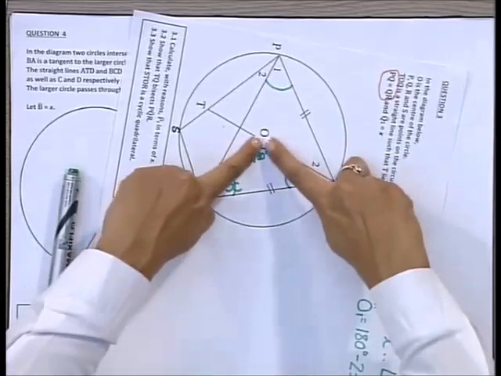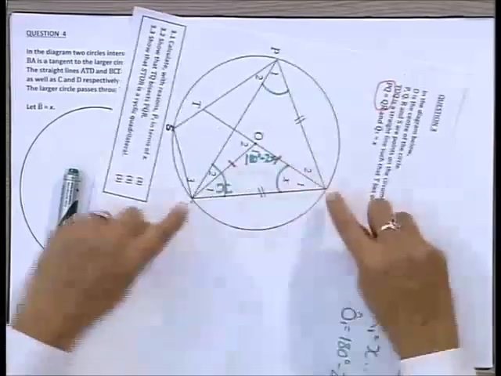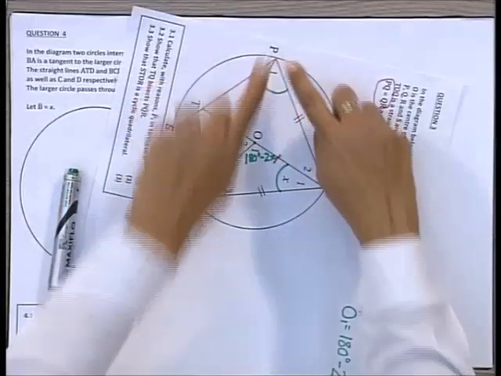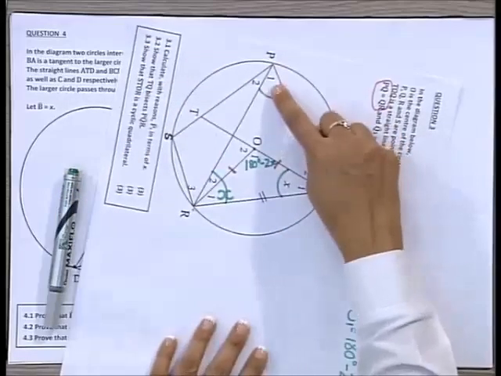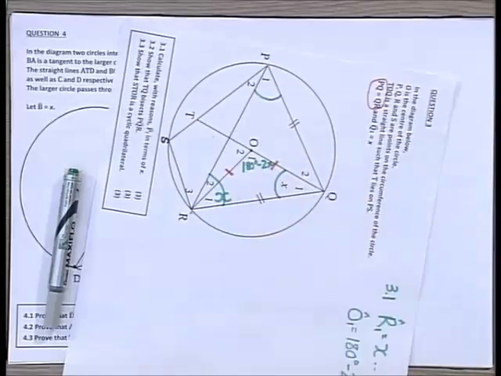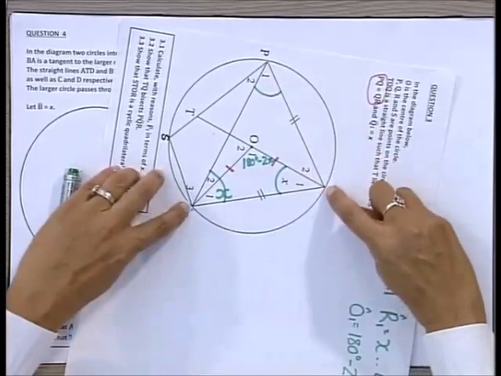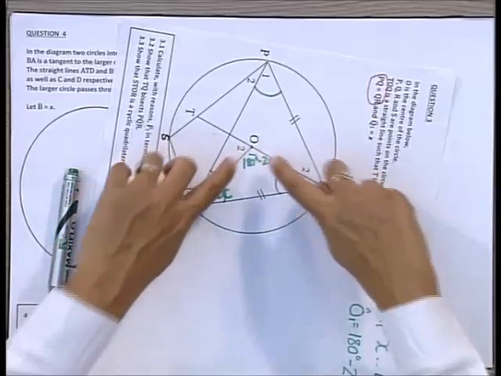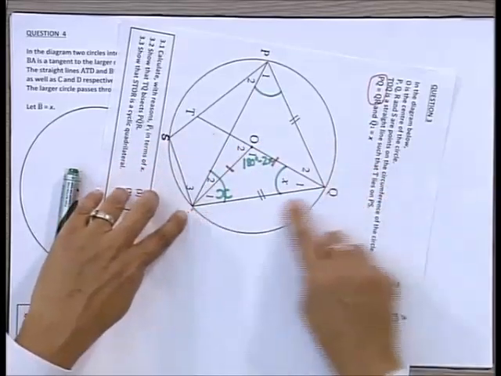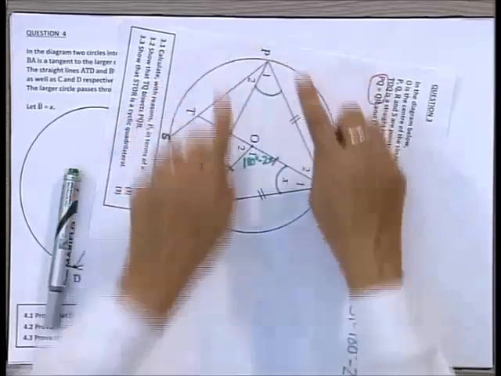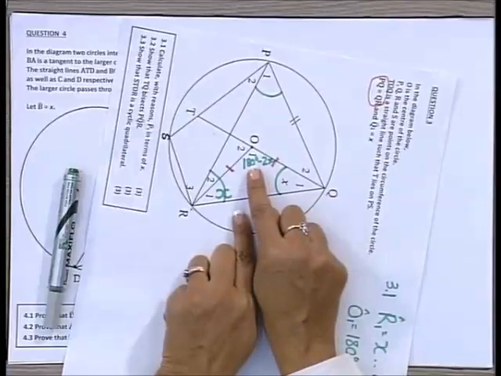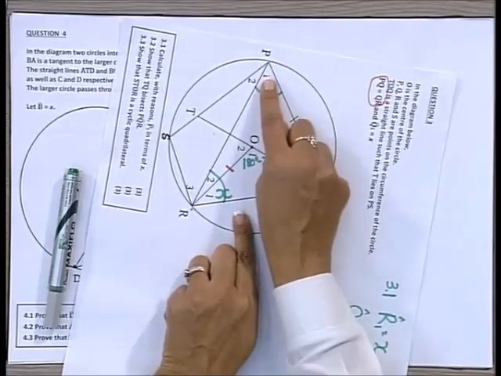This O1 is the center angle and P1 is the circumference angle. So what do you know about the center angle and the circumference angle? This angle goes to the center, you come down, and the same chord takes you to the circumference. You know that the center angle is equal to 2 times the circumference angle.